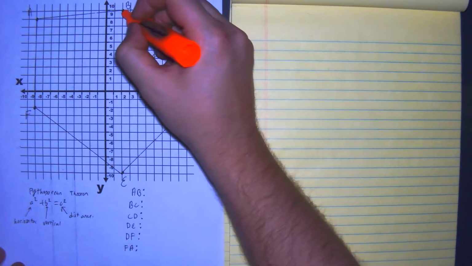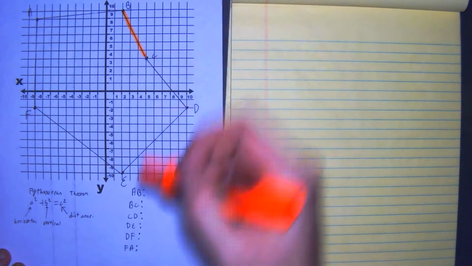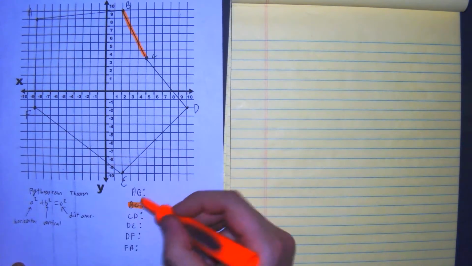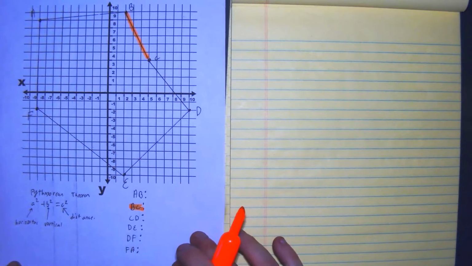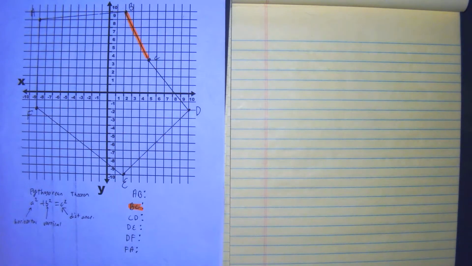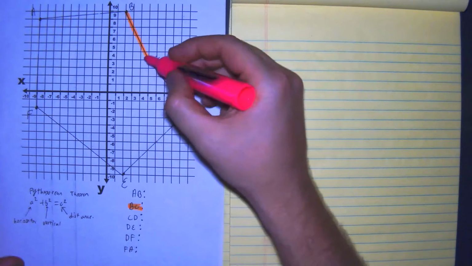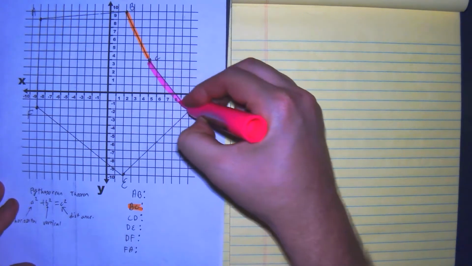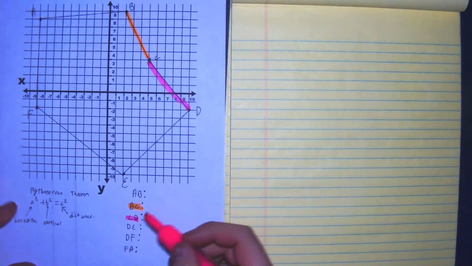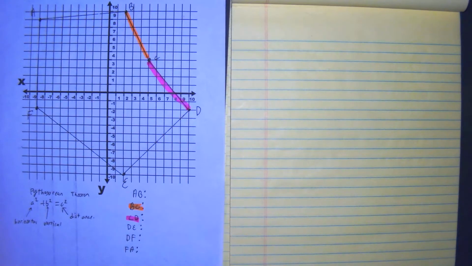Alright, so we need to find the perimeter, the distance around this object. First, let's do some highlighting. I'm not going to highlight AB because I only have 4 highlighters, but I'm going to do BC. Then I'm going to highlight the next one, CD. Then I'm going to highlight DE, green.